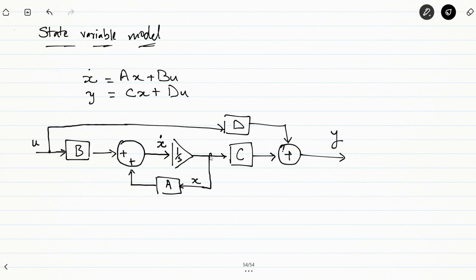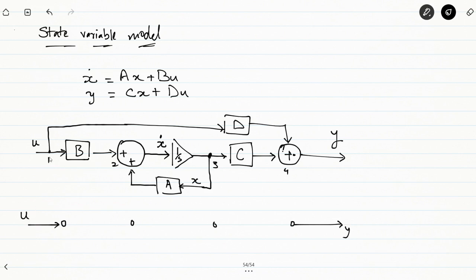You can take this pickup point as another node and this summer as another node. So you'll be having actually 1, 2, 3, 4 nodes apart from the input and the output. So you have 1, 2, 3, 4, 5. The output of this is actually y and the input of this is actually u.